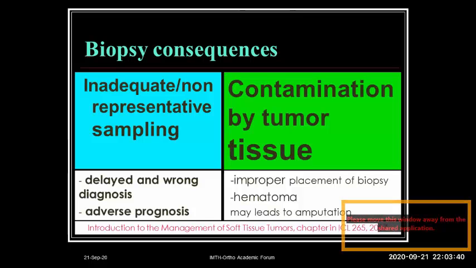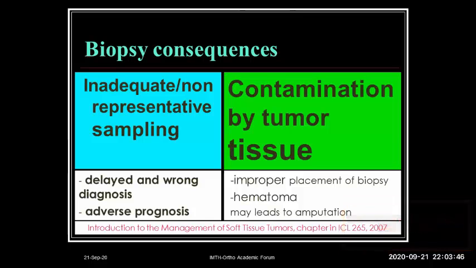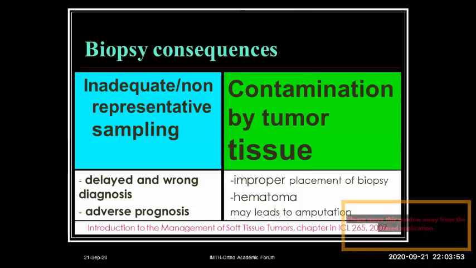This means that you go through a normal compartment in order to reach a tumor, and you take those tumor cells and bring them out through that normal compartment. So you are giving an invitation for the tumor to invade the normal compartment. So before you go for biopsy, you need to know all your investigations.